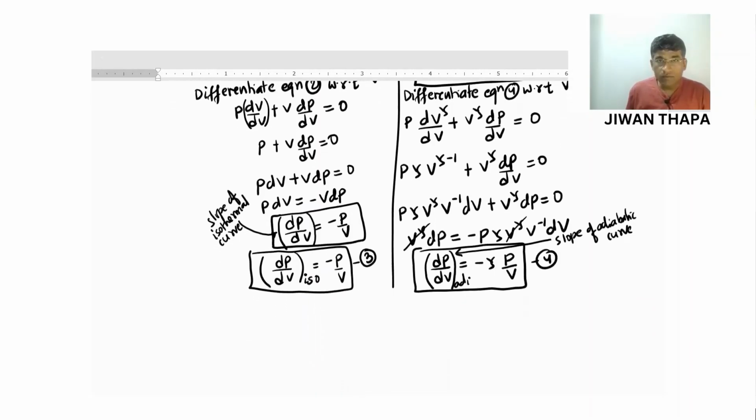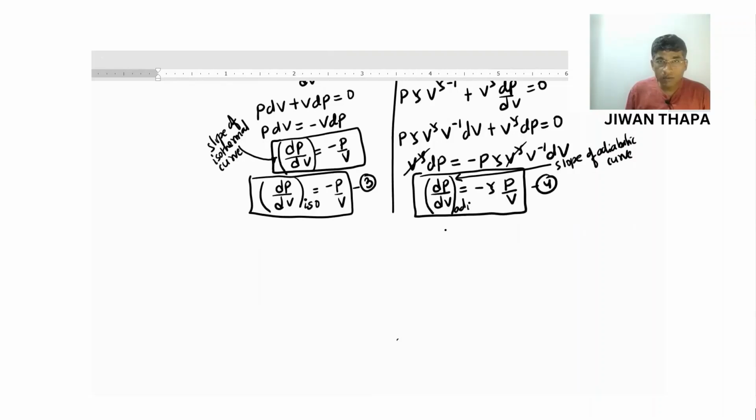Now we can write this equation in this way. This is the slope of adiabatic curve, okay. So this equals gamma. So I'm associating the negative sign with P by V. Now we can see from equation 3, minus P by V is the slope of isothermal process.